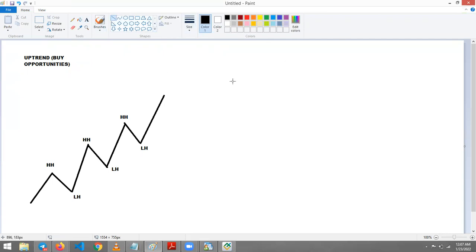For the downtrend, price will basically form lower lows, and lower highs. I think this is very simple and self-explanatory.